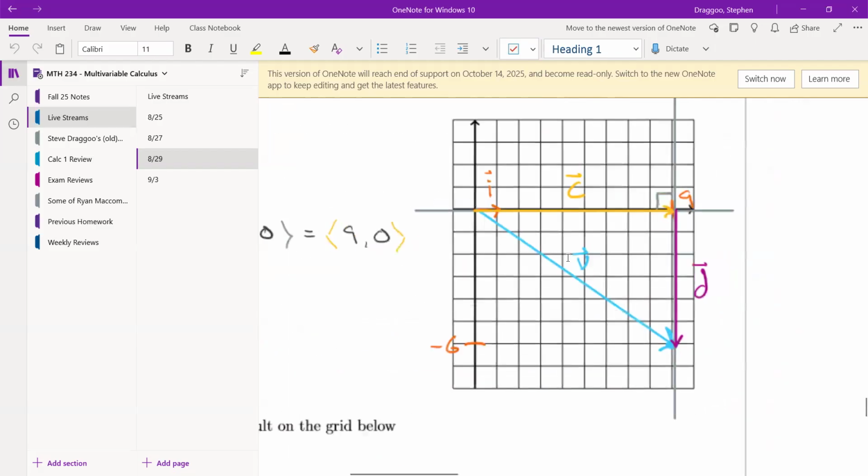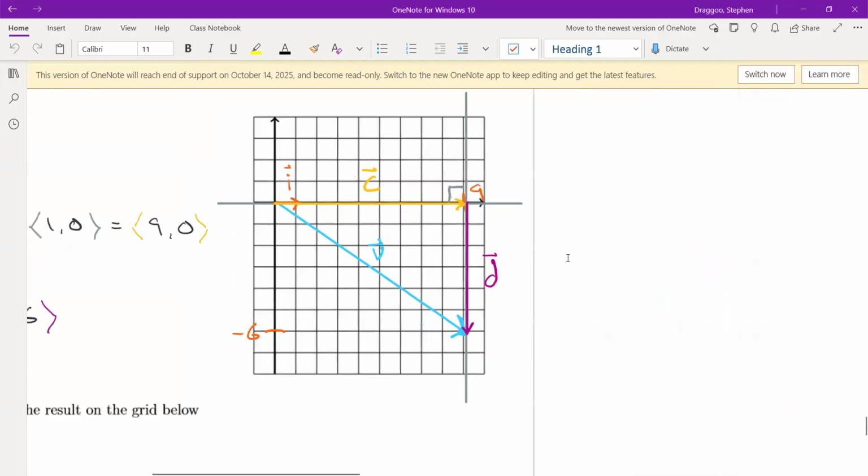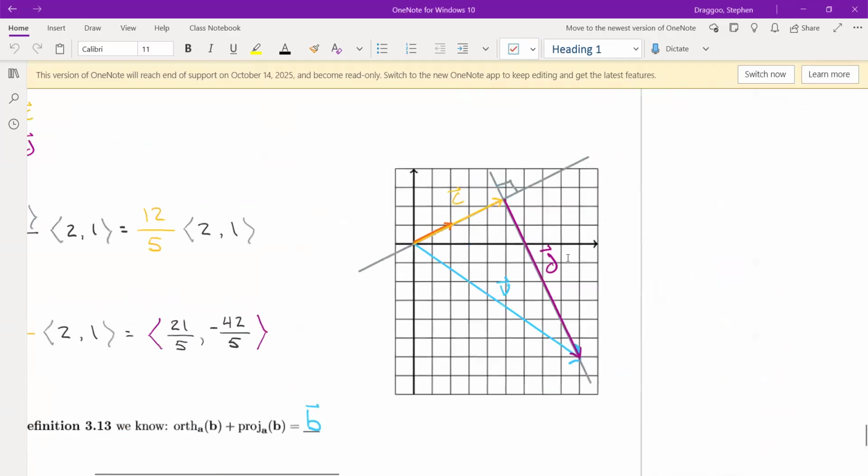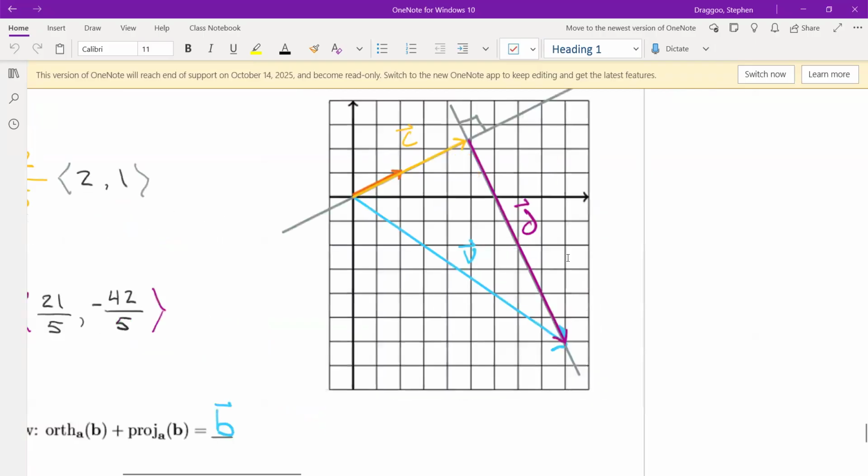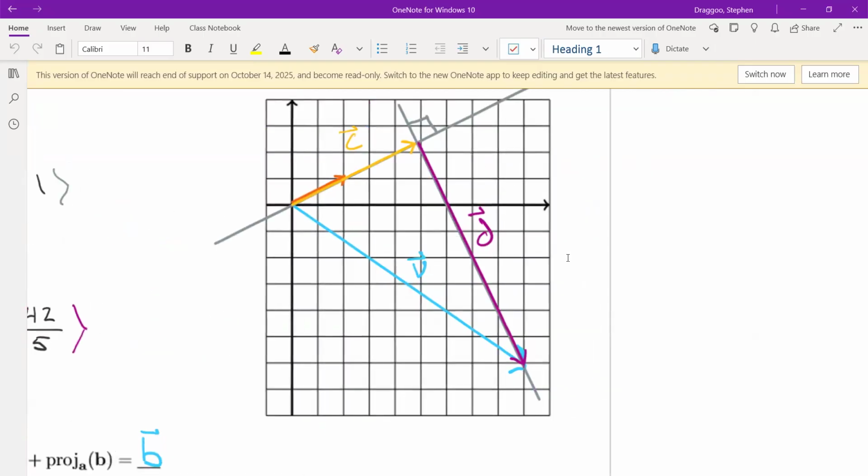It makes a lot more sense if you look at it visually. If that blue vector v is the vector we're interested in, I'm projecting it up to that gray line. The yellow vector is that projection, the part that actually gets projected onto my secondary vector.